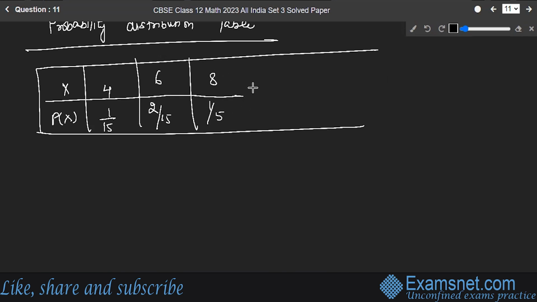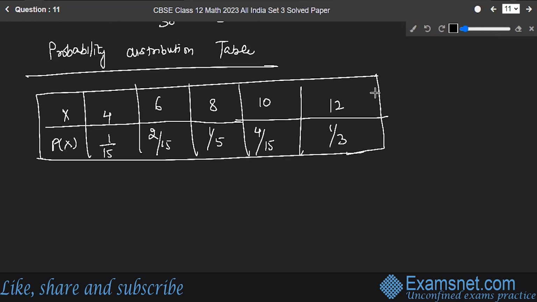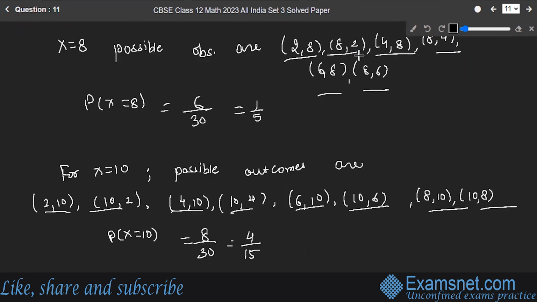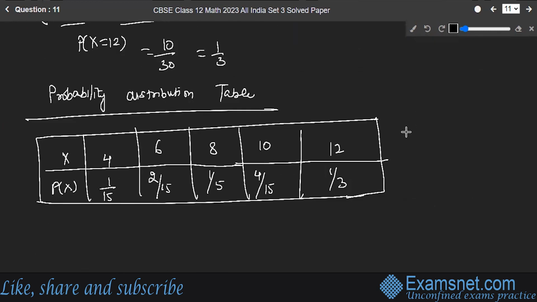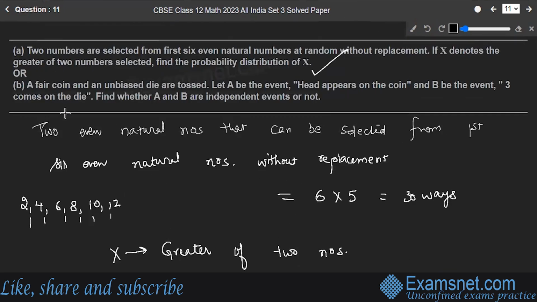For 8, 1 by 5. For 10, 4 by 15, and for 12, you have 1 by 3. Okay, that's it. We needed to find the probability distribution of x, and this distribution is represented in this table. Hope you understood this.